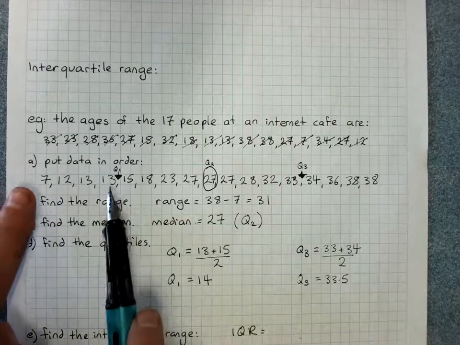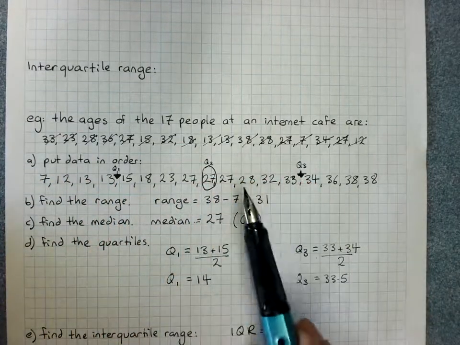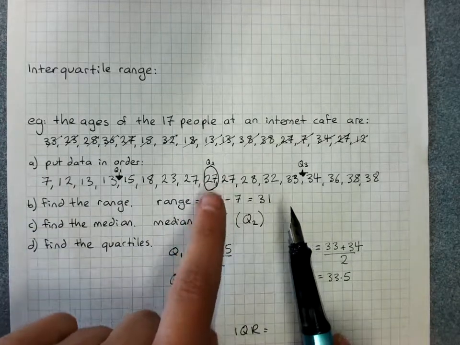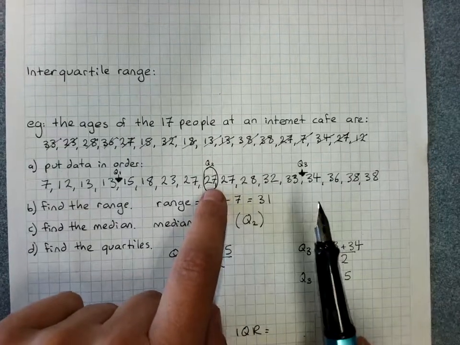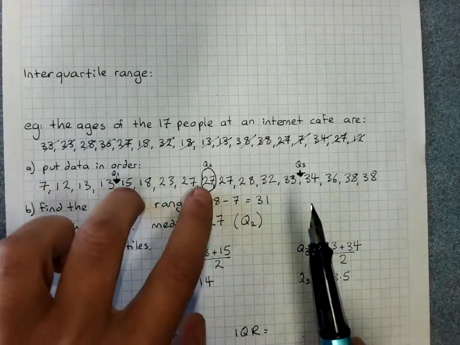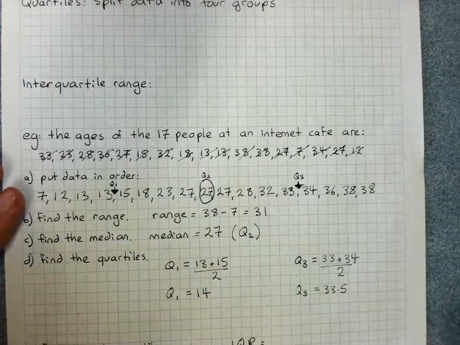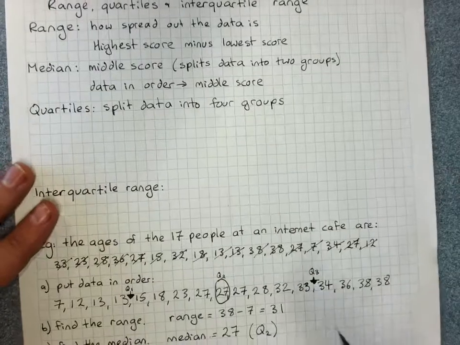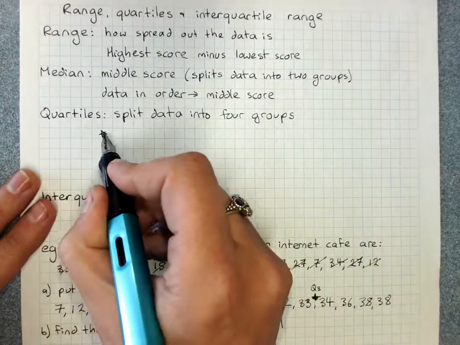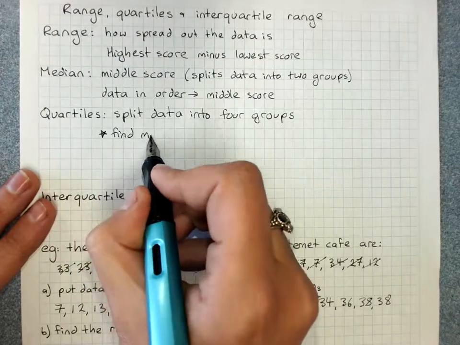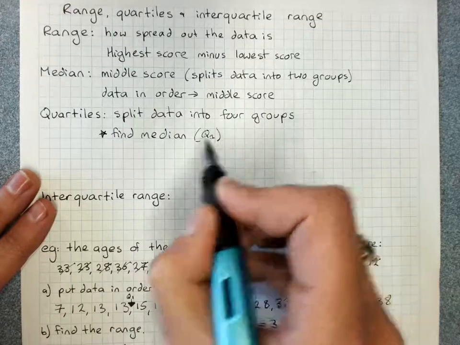And you can see that there's 4 data points left between each of those quartiles. When one of the numbers itself gets circled, because it's the median or a quartile, we don't count that, but that's 4, 4, 4, and 4. So we've split the data into 4 equal sets. Those are the quartiles. So our steps to find the quartiles were, first up, find the median, and that's Q2.